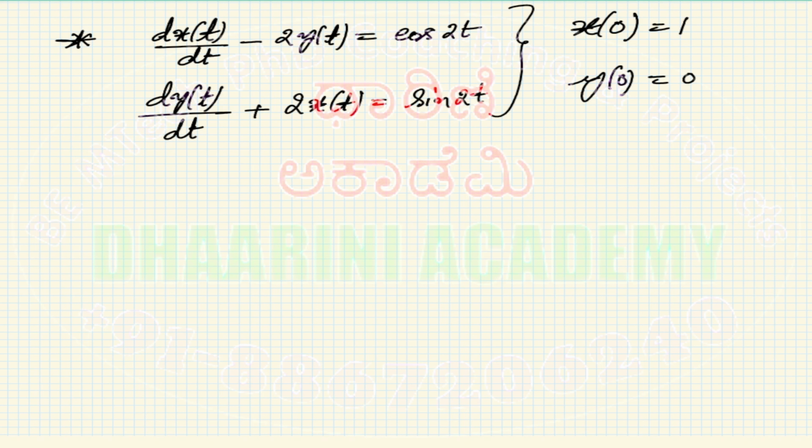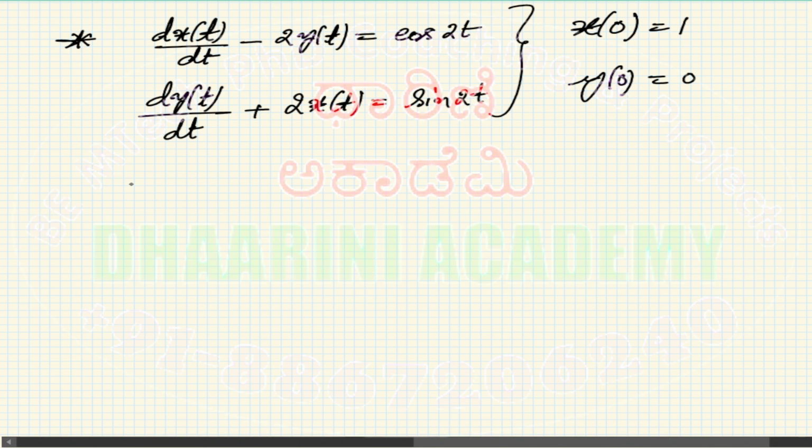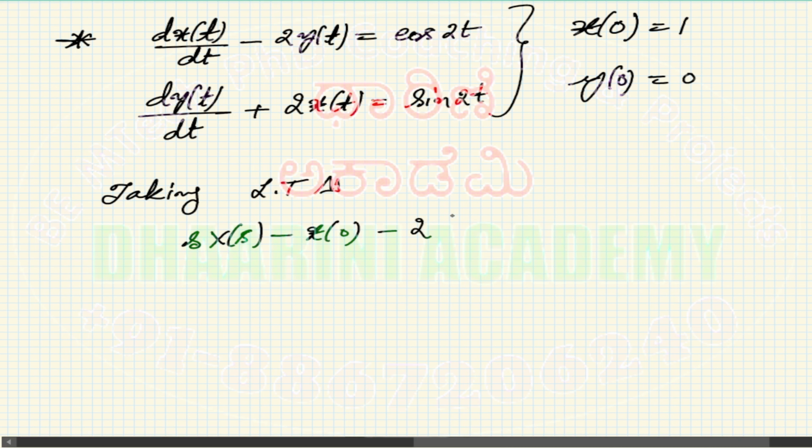It is s into X of s minus x of 0, minus 2 times Y of s equals the Laplace of cos 2t, which is s by s squared plus 4.